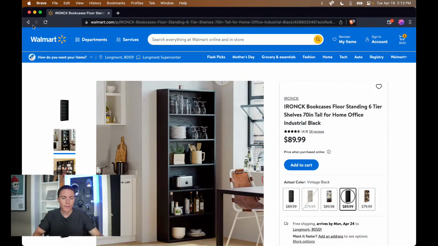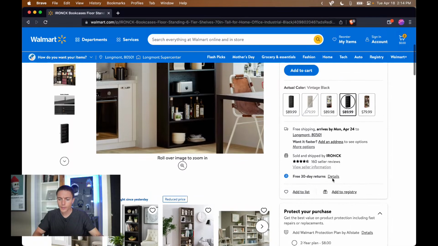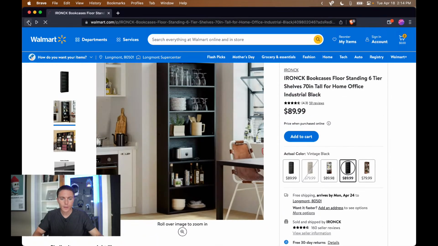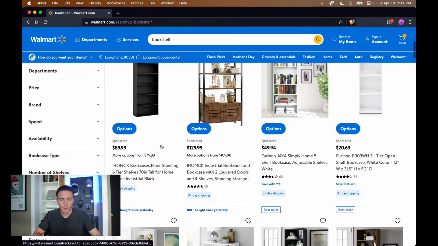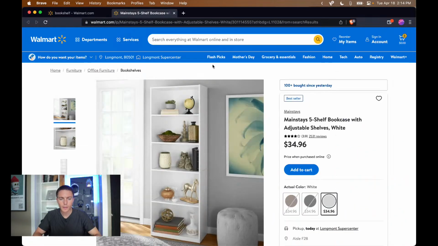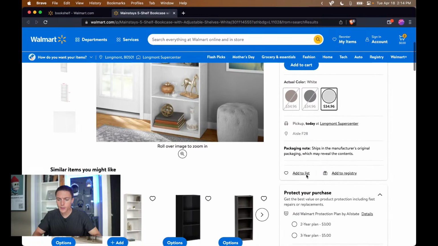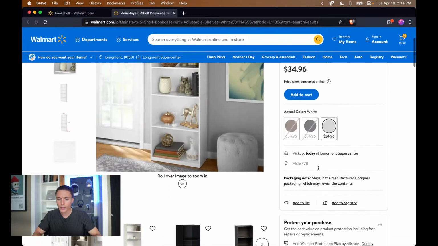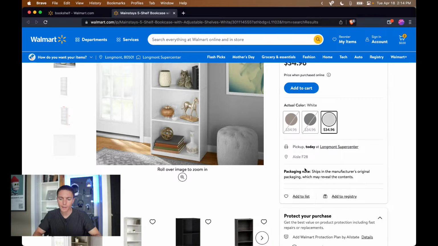When you're looking at it, you can see that it says, where'd it go? This is not a good example. Like down here, this one right here, let's open up this one. You can see it doesn't really say who's selling it, and that's because Walmart is selling it.